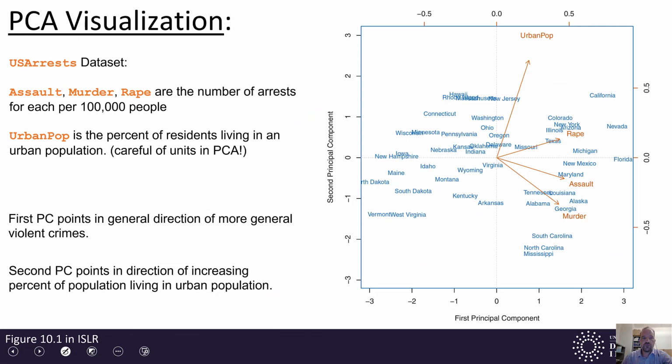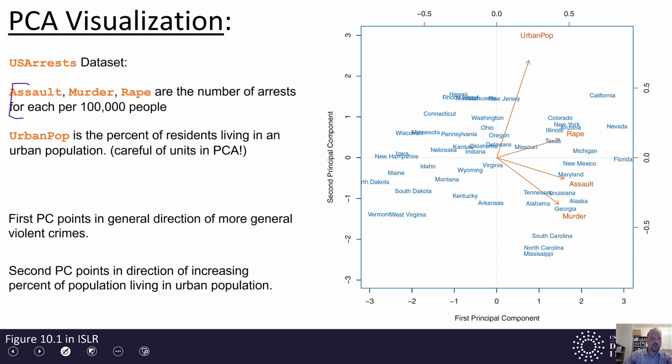Okay, so let's walk through some PCA visualization. Here we have some data from the US arrests data set. We have 3 feature variables here called assault, murder, and rape, and there's a number of arrests for each of these crimes per 100,000 people.